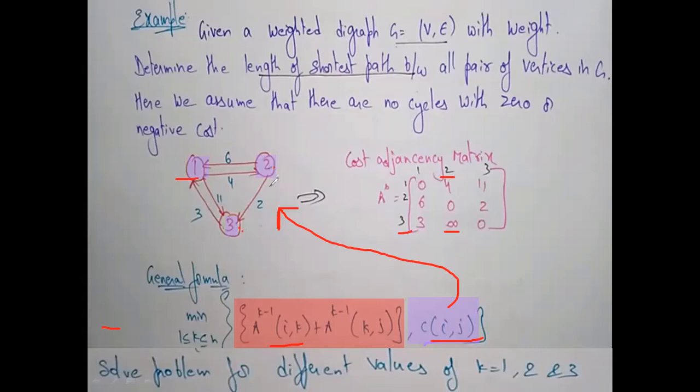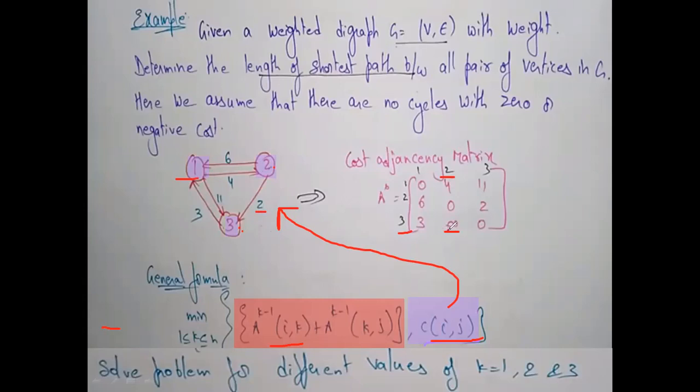So you must always observe the arrow mark, from where to where the edges are moving. Here we have only 2 to 3 with a cost mentioned, not 3 to 2.